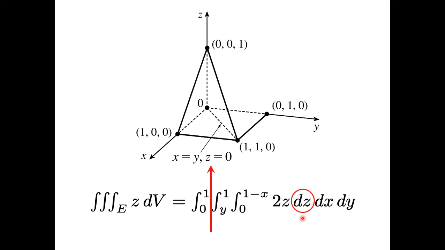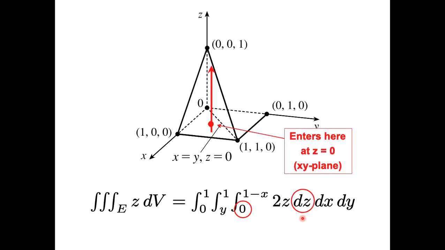So in this case, since I'm integrating with respect to z first, I'm actually going to just integrate going straight up, and I'm going to pretend it's like an arrow. So pretend we're shooting an arrow into the bottom of that figure, and notice how it's entering this floor through the xy plane right here.